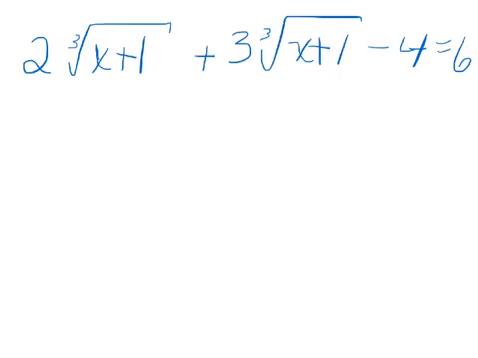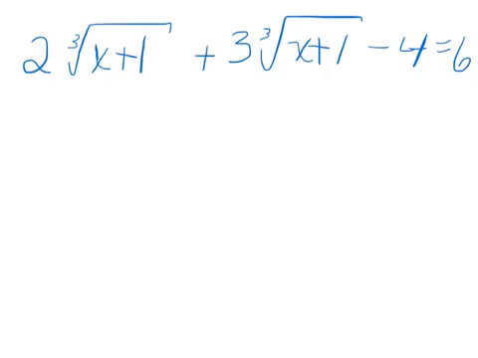So this is an example of why you would use substitution. Can somebody explain why they might see this as one of those examples? Because the cube root of x plus 1 is the same in both. Yes, that's the key. If this was x plus 1 and this was x plus 2, you cannot use U substitution.